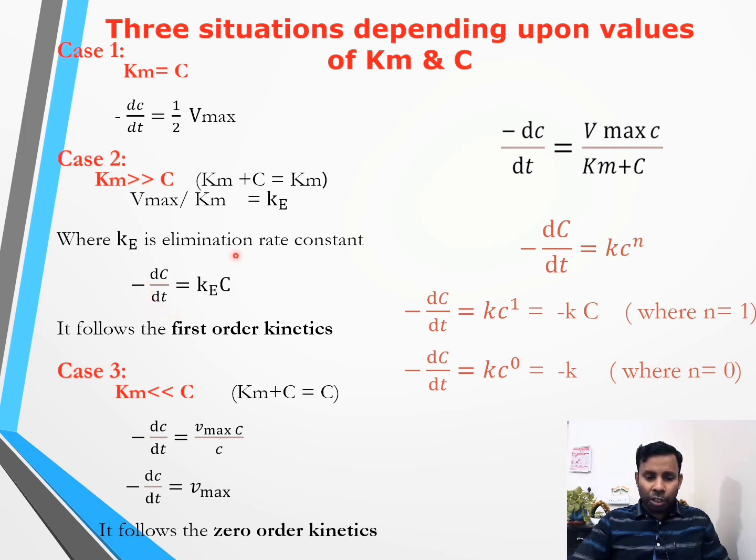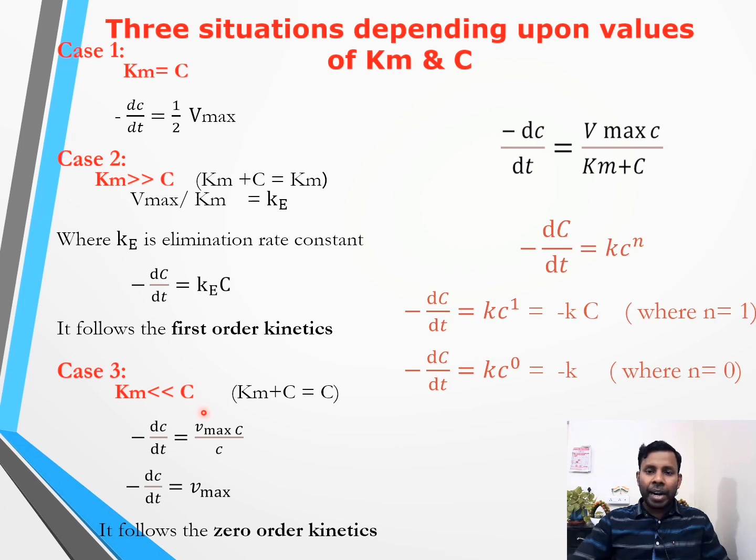This equation is looking like minus KC. So when Km is much more than C, it will follow first order kinetics.